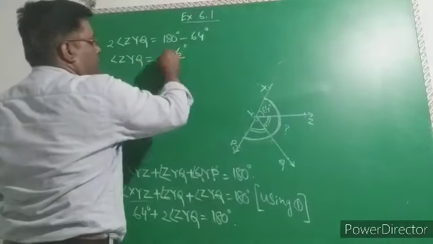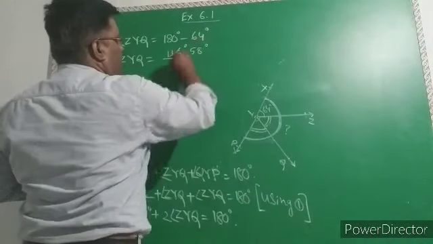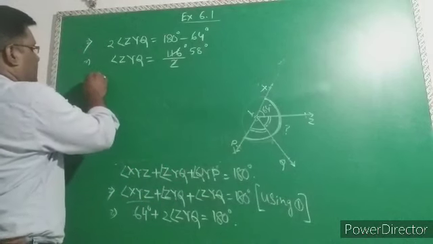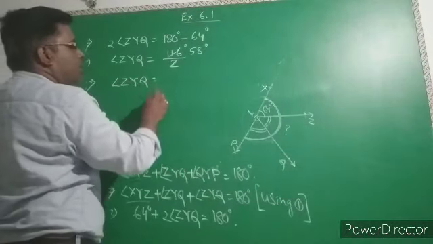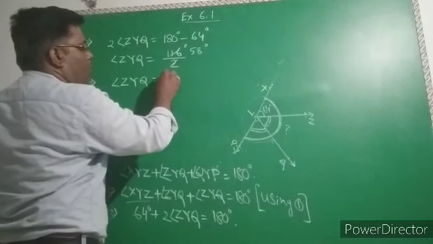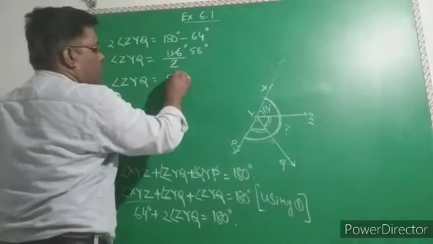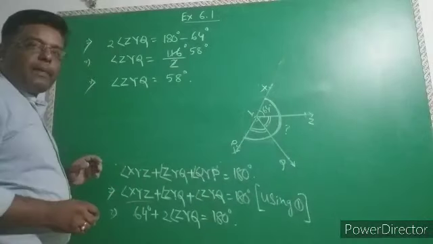So you get 58 degrees. That implies angle ZYQ is equal to 58 degrees.